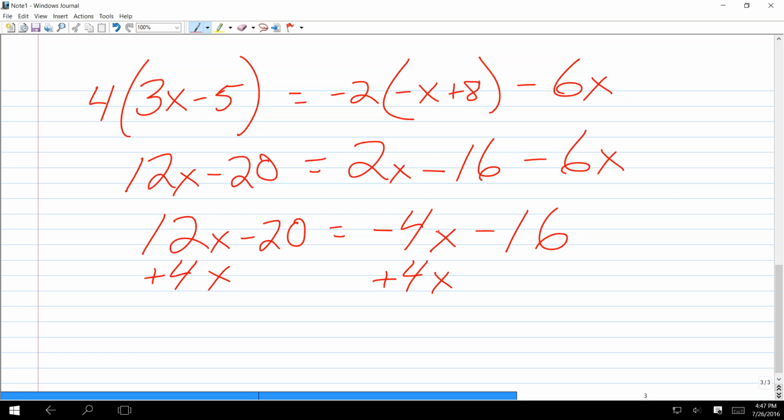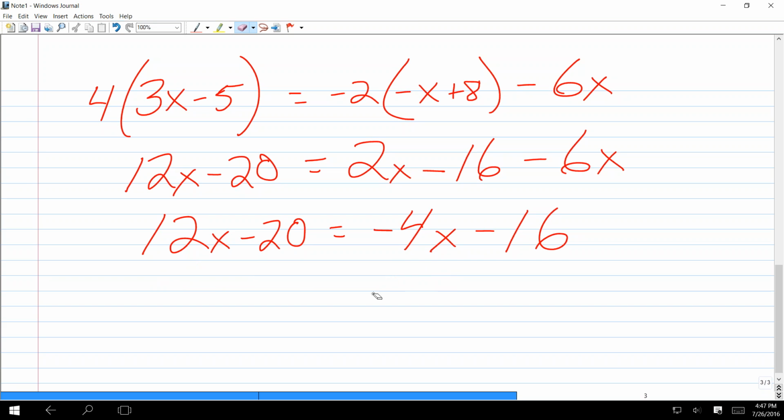If it's a negative, I got to make it positive. I got to make it disappear from the right side. Okay? That's going to give me 16x on the left.